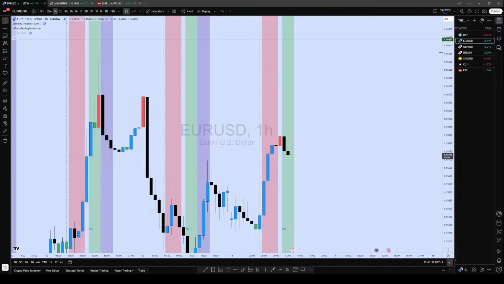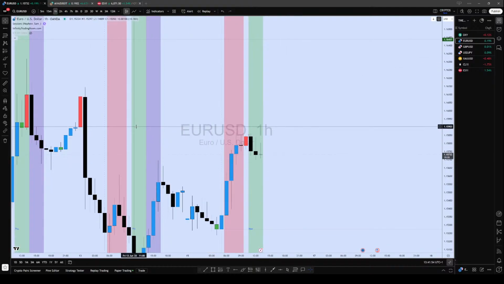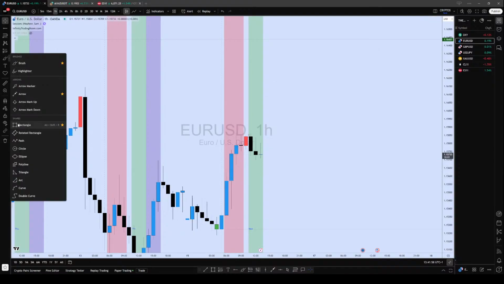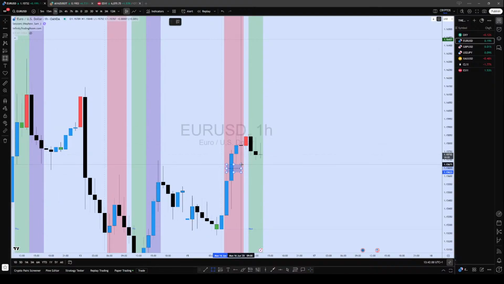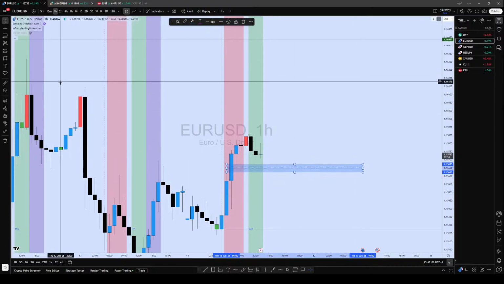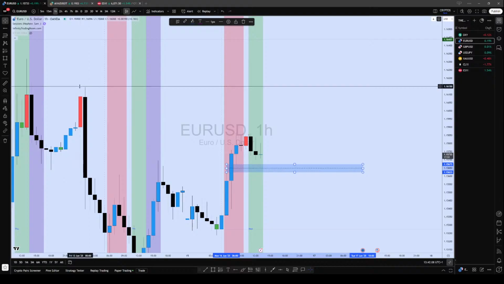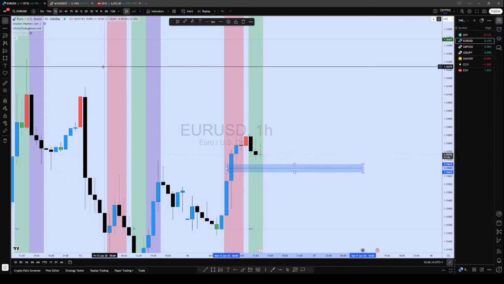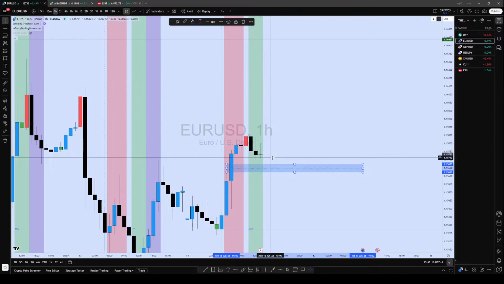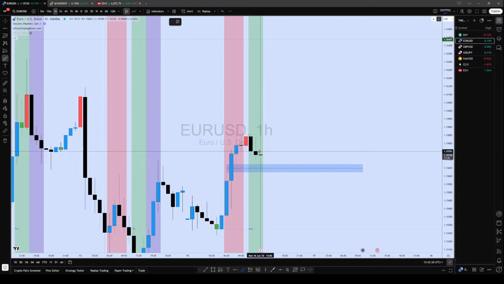So again, this New York session, I like this gap here for the euro. I want price to dip into that and then expand higher. We might be going for this high, that high, and then the 1.16437 level.